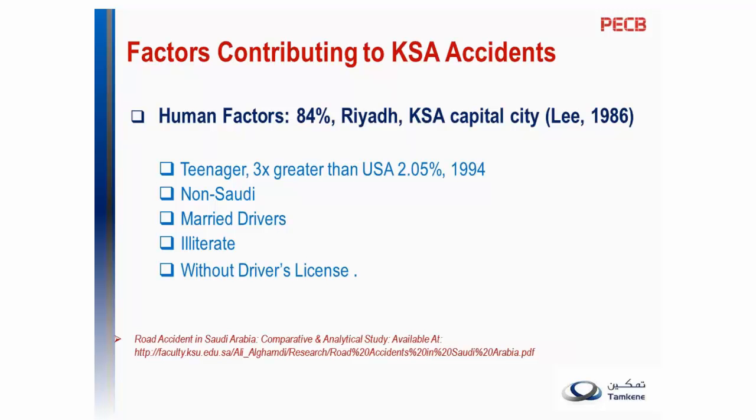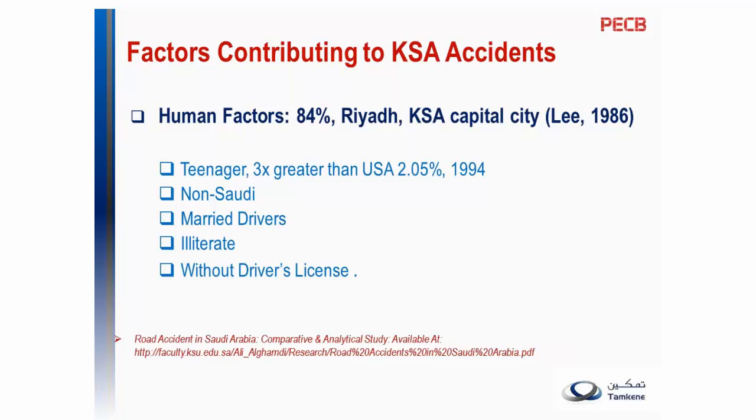As I look at the research regarding the non-Saudis, they said that most of them are illiterate, so to speak, cannot read and write. So related to traffic signs and signals and things like that, they have little or no knowledge at all.